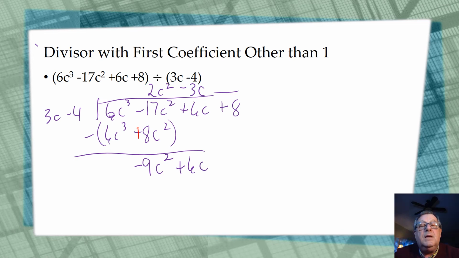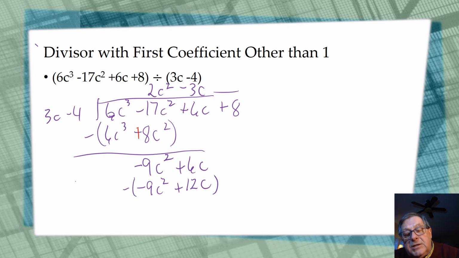Negative 3c times 3c, well, that's negative 9c squared. And negative 3c times negative 4 is positive 12c. All right, and we're going to subtract that.